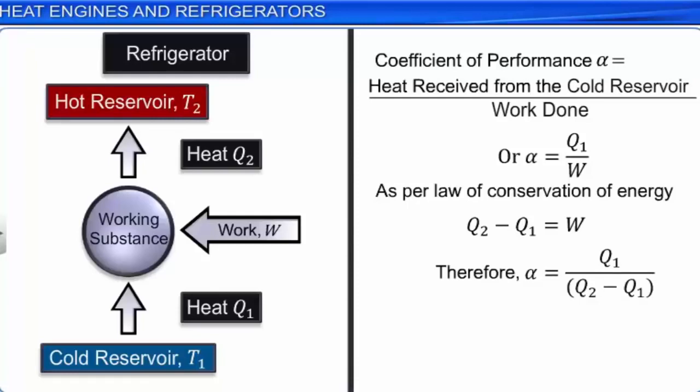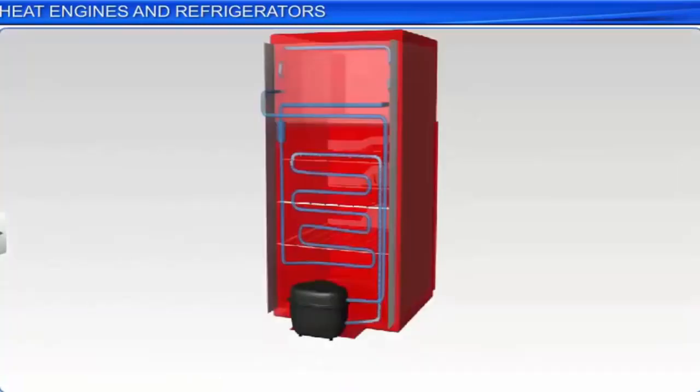Let us understand the working of a refrigerator. The working substance in a refrigerator is called a refrigerant, and in many refrigerators, ammonia is used as the refrigerant. The main parts of a refrigerator are the compressor, expansion valve, and heat exchanging pipes.